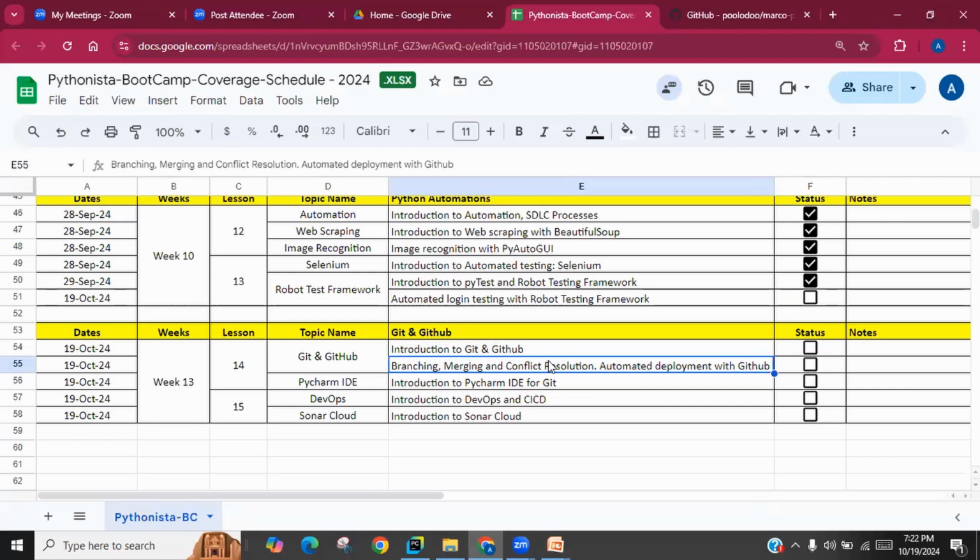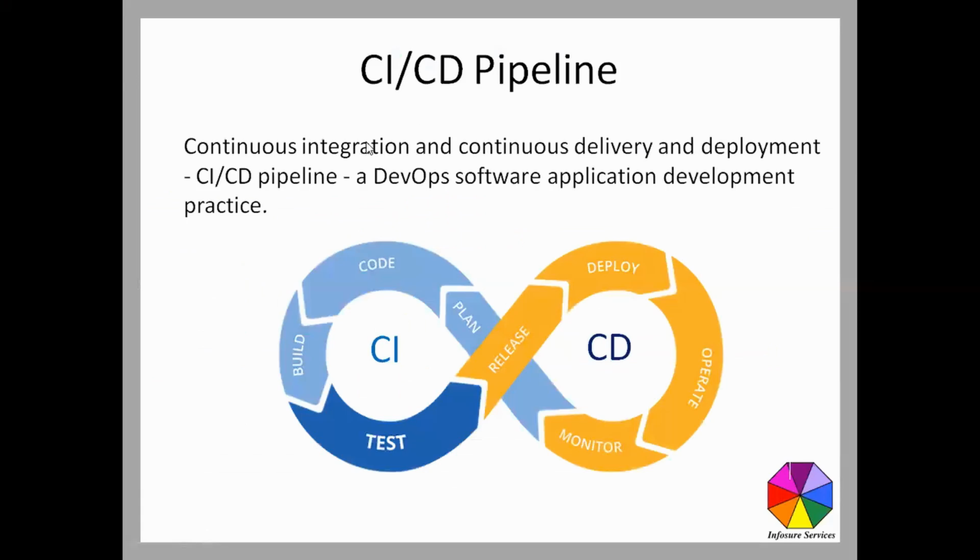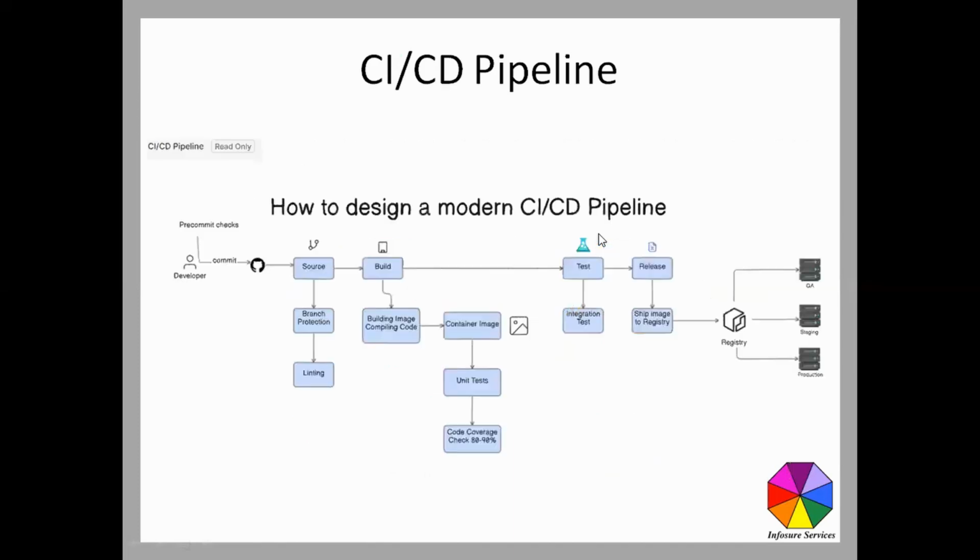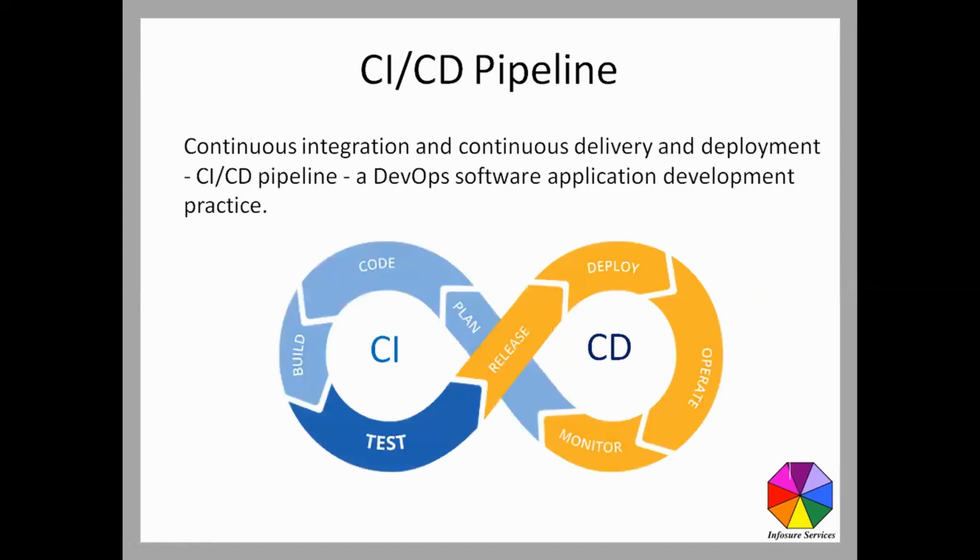We take one simple example to see how this works in action in PyCharm. That's the next step, and then we'll come back to DevOps, CI/CD, and Sonar. This is a CI/CD concept commonly used in DevOps, a software development practice. We'll take a pause there.